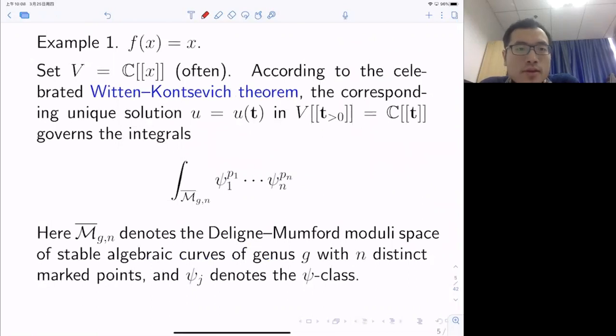This was conjectured by Witten in the 1990s, and first proved by Kontsevich in 1992.